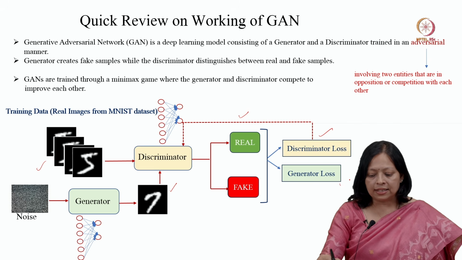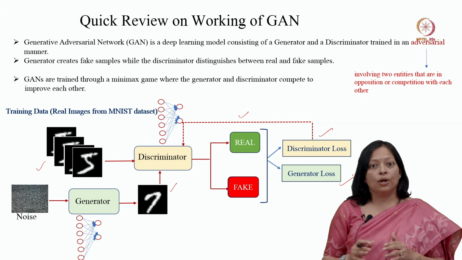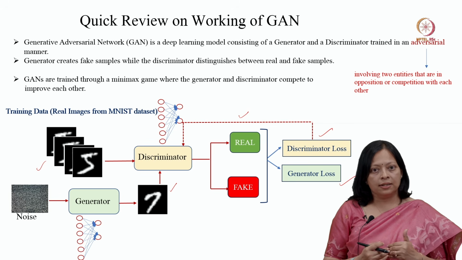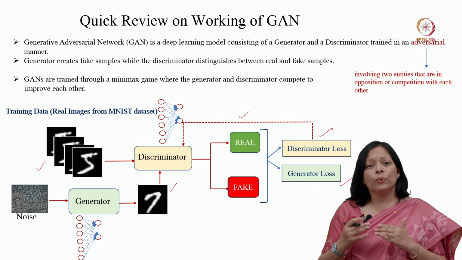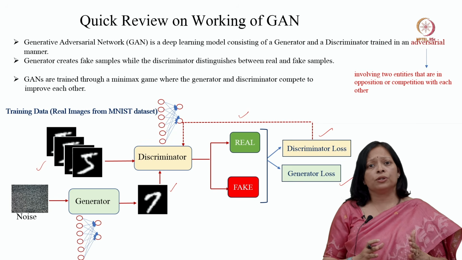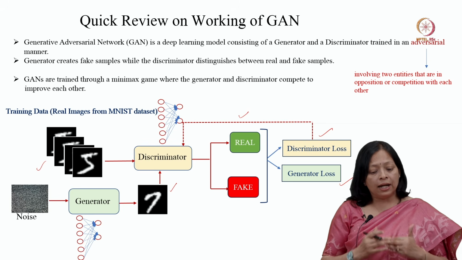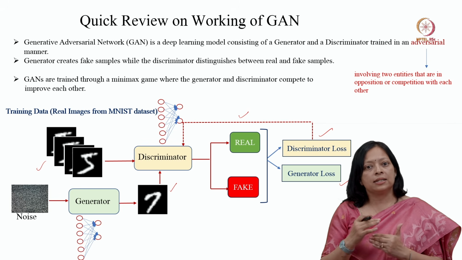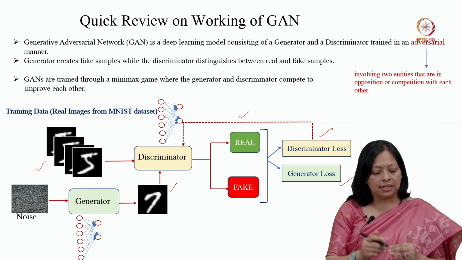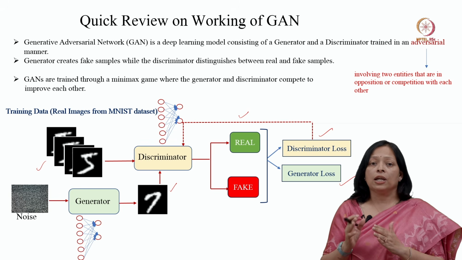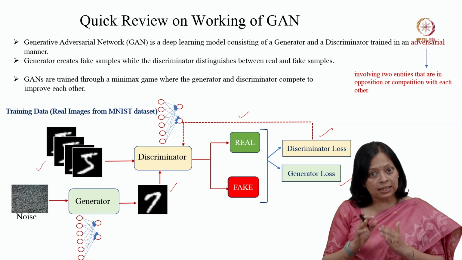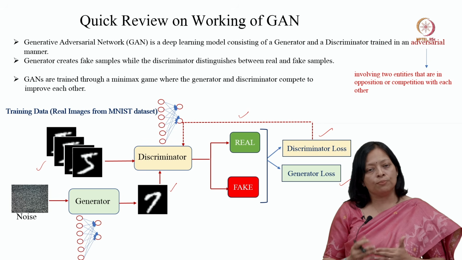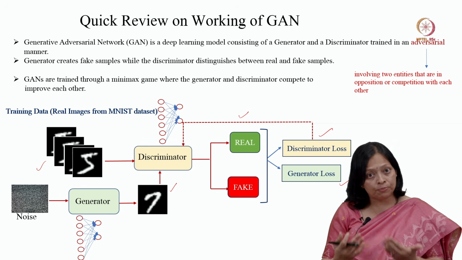Whereas, there is another term called the generator loss. What is the function of the generator here? The function of the generator is to generate images which look very similar to the real image. Till the time the discriminator tells that the generated image, or the fake image, does not look the same as the original image, the generator has to improve its performance.